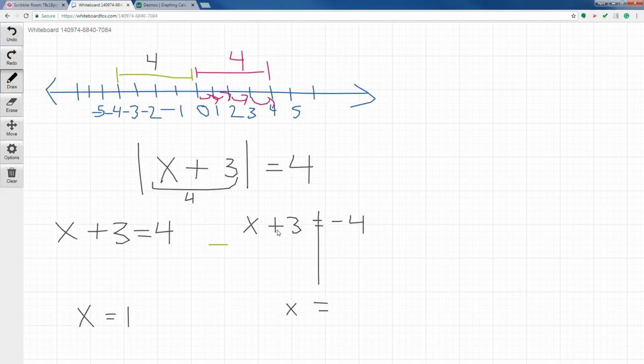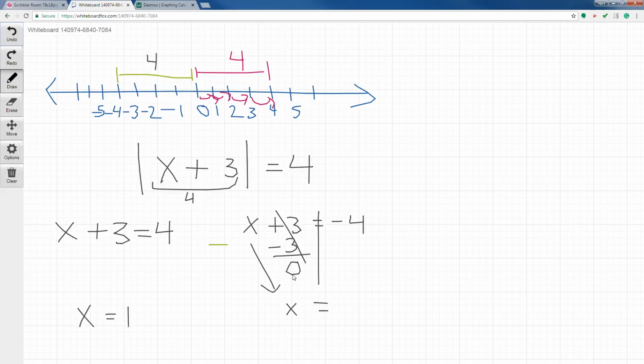What is the opposite of addition? Subtraction. We want to do that because 3 minus 3 is 0. We picked that opposite to get rid of that 3. The x didn't disappear, but we got 3 minus 3 is 0.